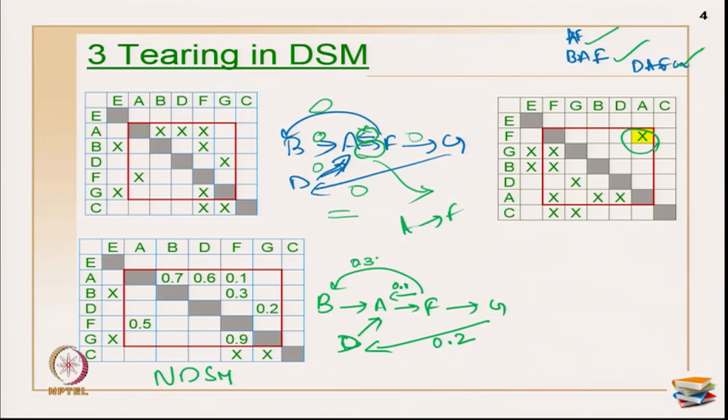I have given only the weak dependencies. Let us try and see whether we can break the weak dependencies. I am going to break this relationship and this relationship. This is number 1, this is number 2 and this is number 3, because they are going to be my very weak dependencies here.